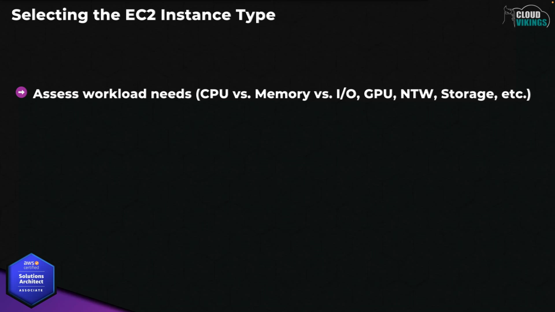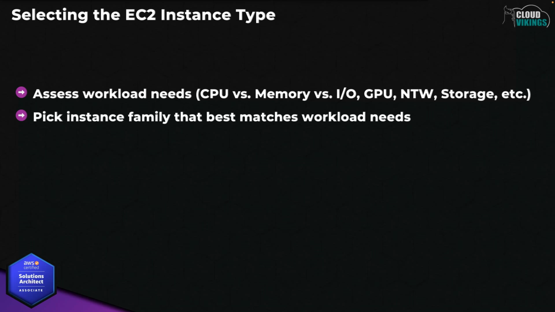Sometimes the workload is balanced in terms of needs, then one of those general purpose types of instance families is fine. But often one of these areas will really stand out as part of your workload assessment. So once you know what that driving resource is, you want to choose the appropriate instance family from what we've outlined so far. And this is often a one-to-one mapping. Again, if CPU is king, you want to go for a compute-optimized instance.